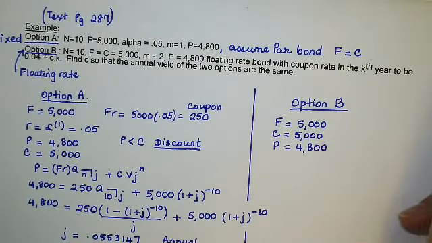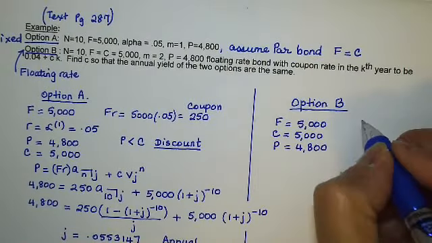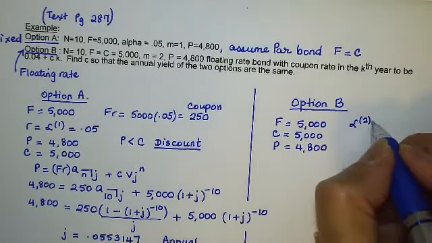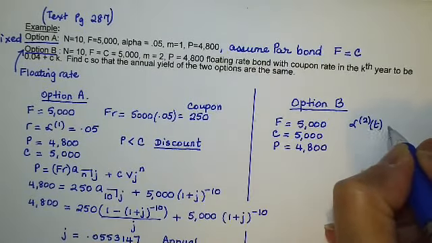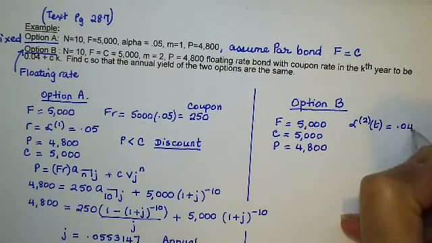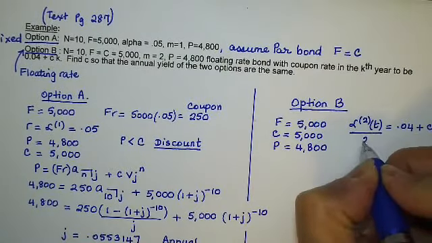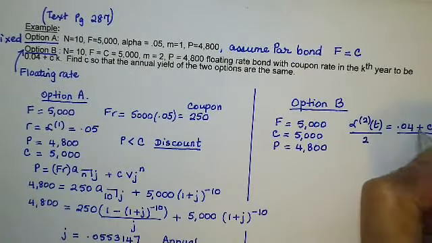And let's see, floating rate bond with coupon rate in the kth year to be 0.04 plus Ck. So in the tth year, it would be 0.04 plus Ct. Let's write that. Alpha 2 of t is equal to 0.04 plus Ct.